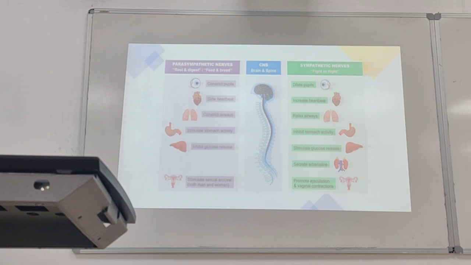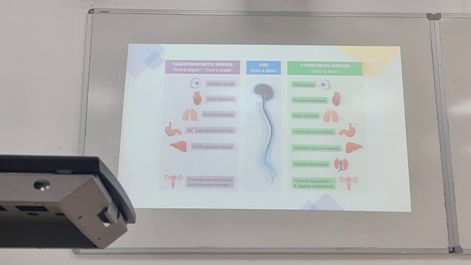Increase heart rate. Why? Fight. I want more blood supply to my organs, to supply oxygen. What is the effect of the parasympathetic on the bronchi? Constrict. Sympathetic on the bronchi? Relax. Now the exact opposite will happen.